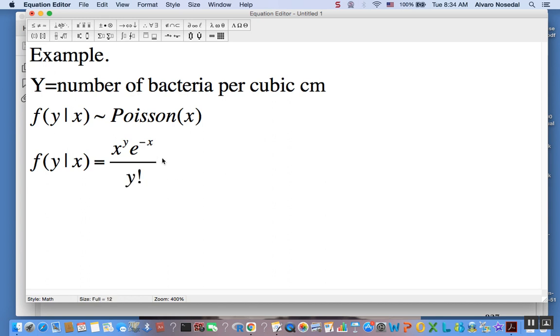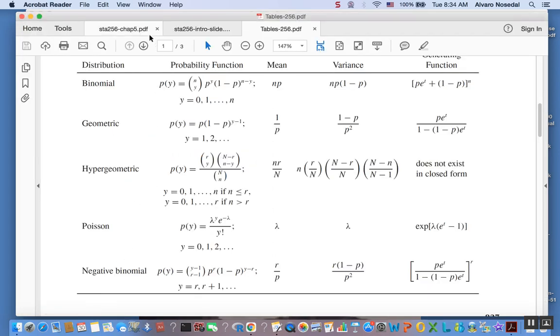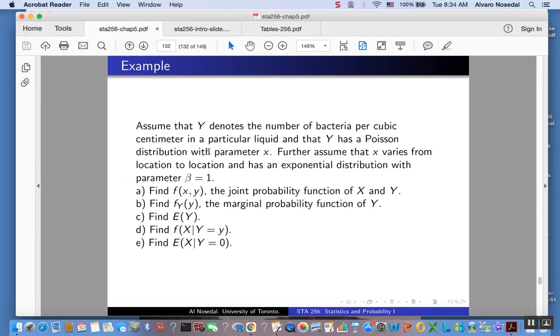And that expression is valid for y equals 0, 1, 2, and so on. Okay, let's keep going. Let's go back to this problem.